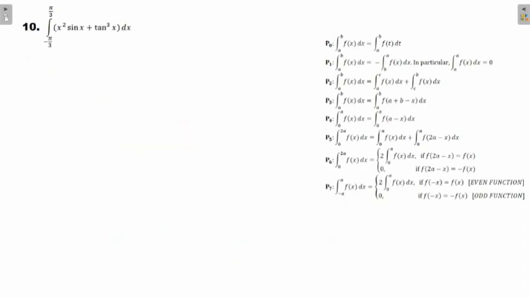Let's have another question. In this case also we have a similar kind of case where we have the integral from minus a to a. First and foremost, let's write what our f(x) is. f(x) is equal to x square sine x plus tan cube x. Now let's check what f of minus x is. In place of x, just write minus x.